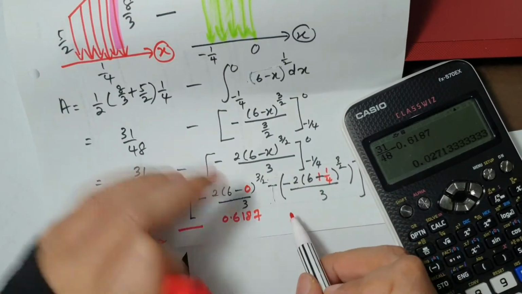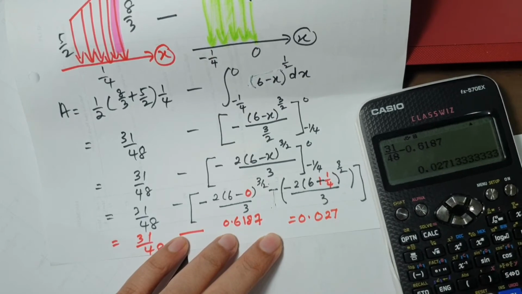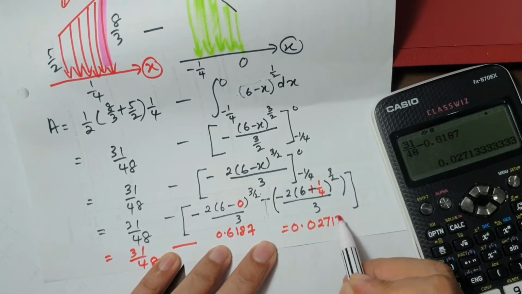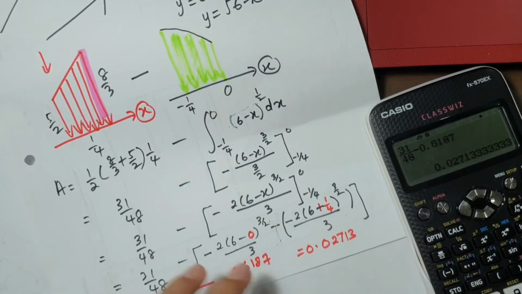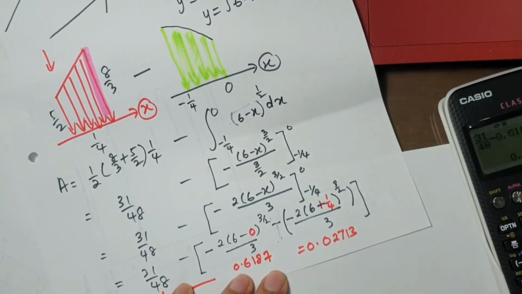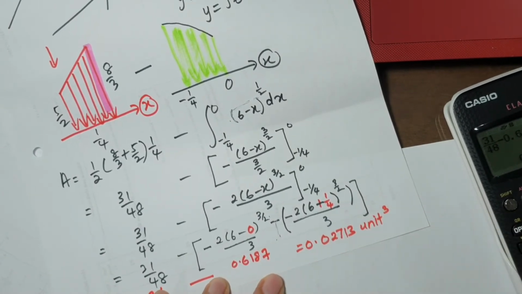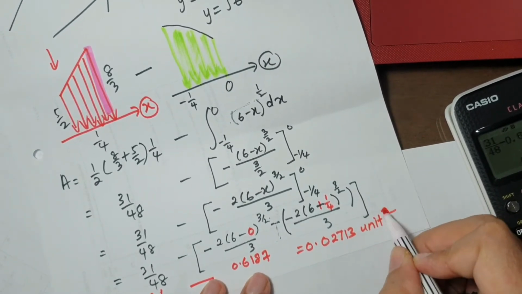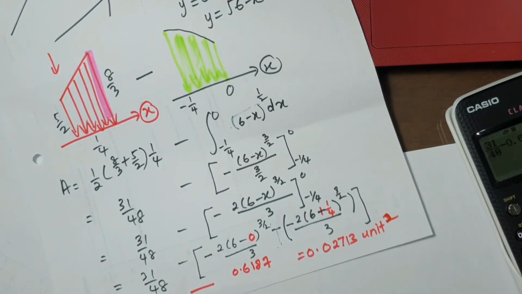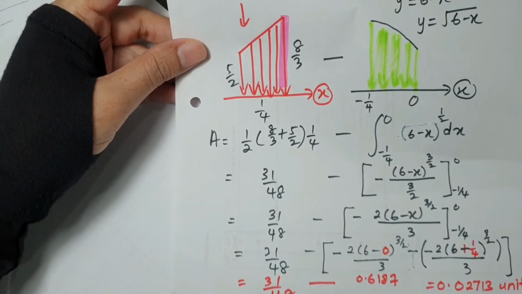Final answer 0.02713. Ambil 4SF, always ambil 4SF. Unit, unit square lah, sebab ni area. Okay, done. So this is the part B.